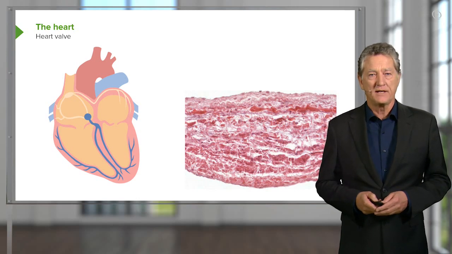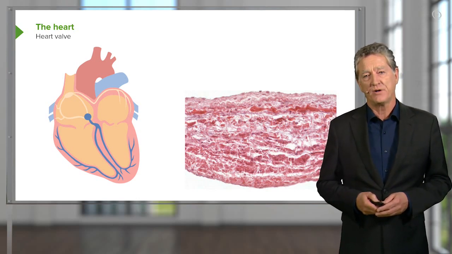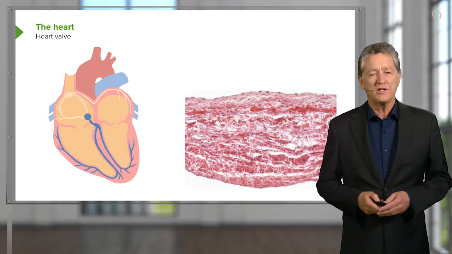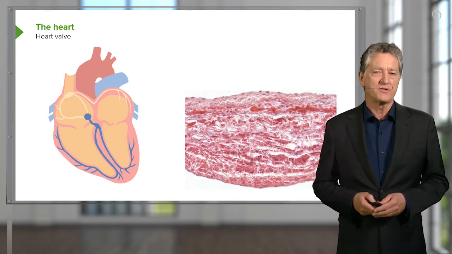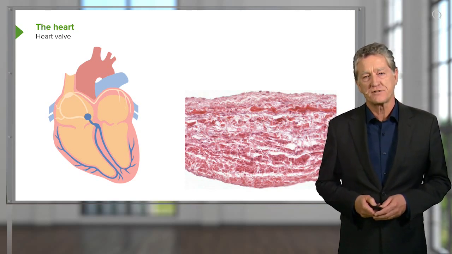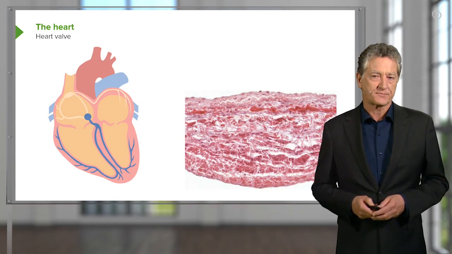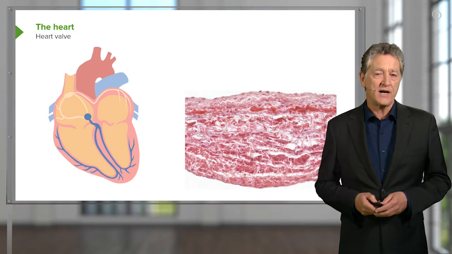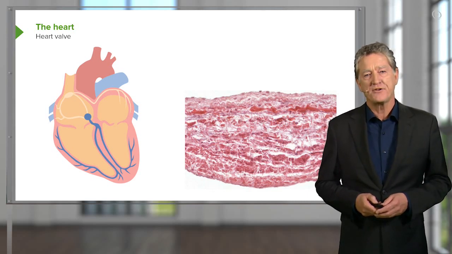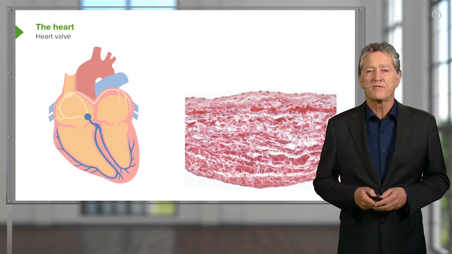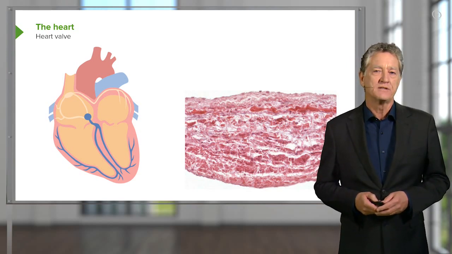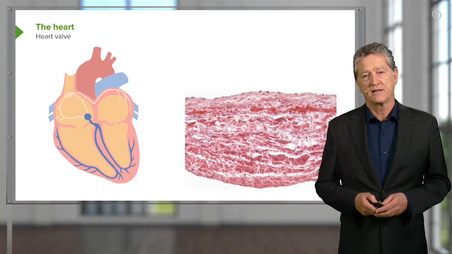When you look at the histology of the heart valve, it's a little bit confusing unless you know the sides, the surfaces on which these heart valves are associated with. Heart valves either separate the atria from the ventricle or the ventricle from blood vessels like the aorta or the pulmonary trunk.